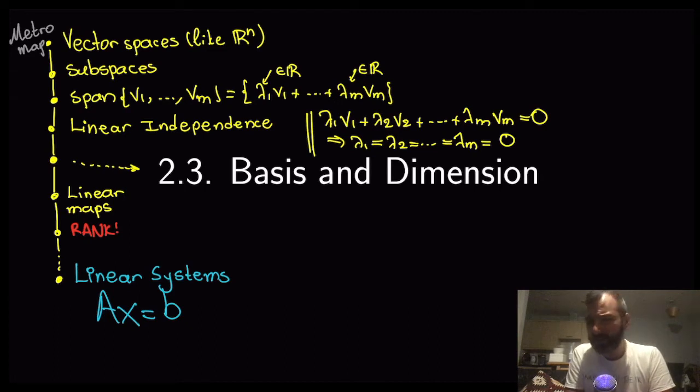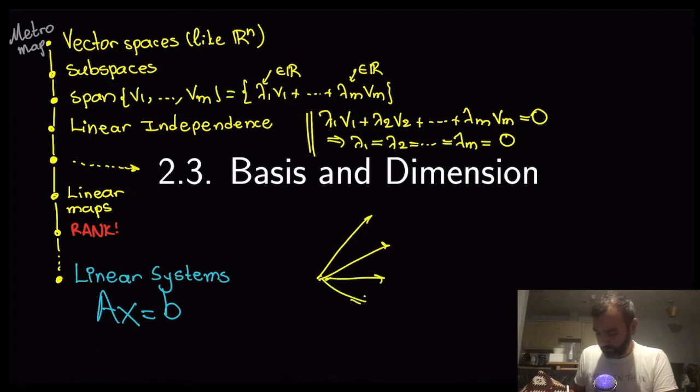I don't like this definition very much. I very much prefer an explanation of what linear independence is, although it's not very rigorous. Well, it is a bit. You have these vectors, v1, v2, v3, and vm, and these vectors have a span. I'm asking whether the span of these vectors needs all of these vectors.